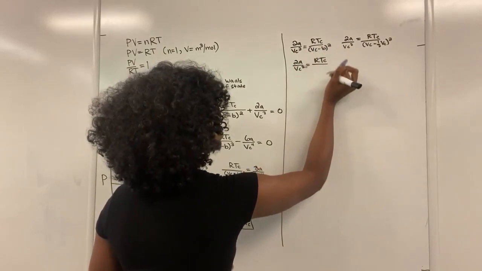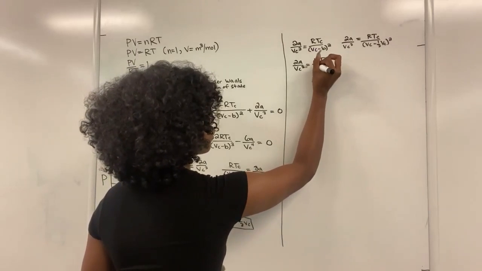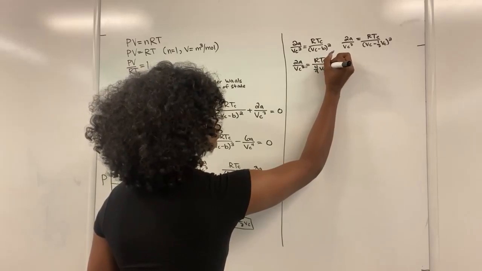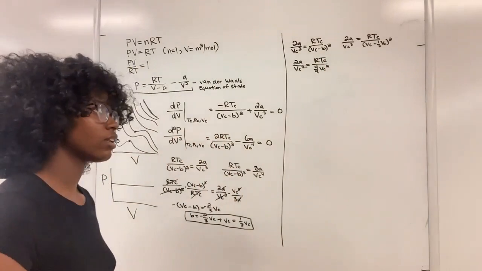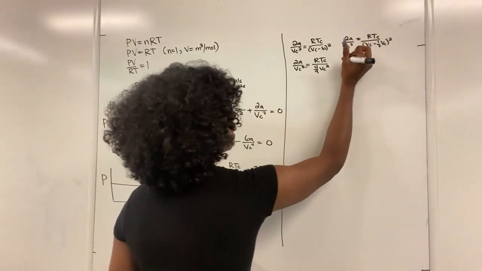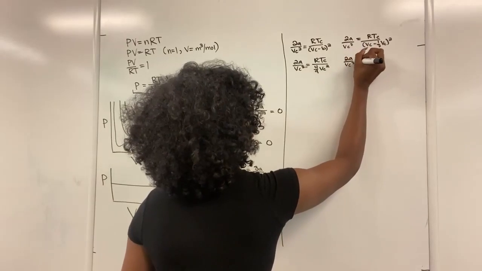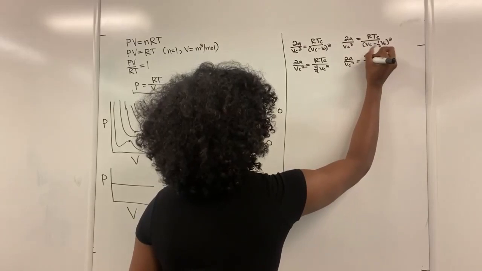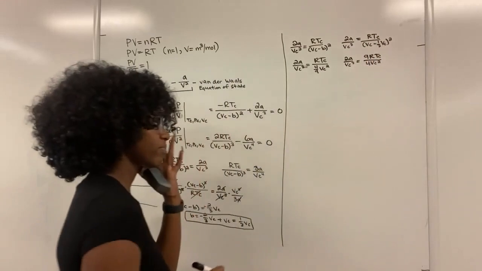R times the critical temperature is divided by 4/9 of the critical volume squared. And we know when there's a fraction in the denominator, we just multiply that by the reciprocal. So then we'll have 2A divided by the critical volume cubed is equal to 9R times the critical temperature divided by 4 times the critical volume squared.